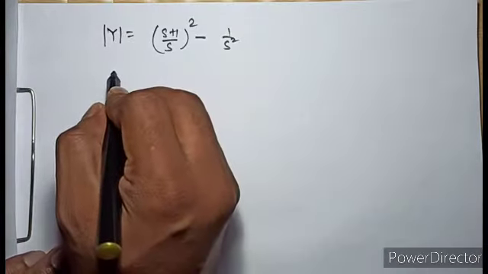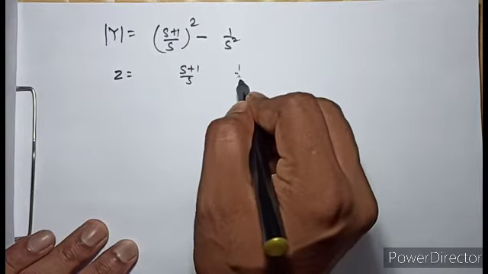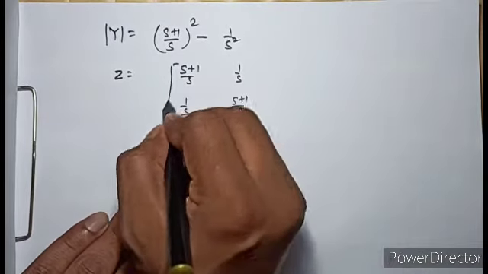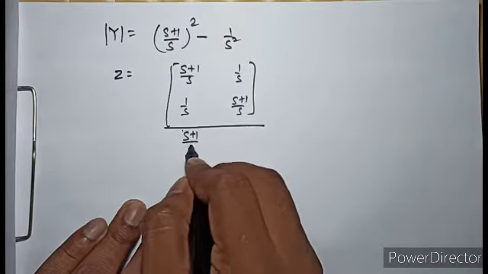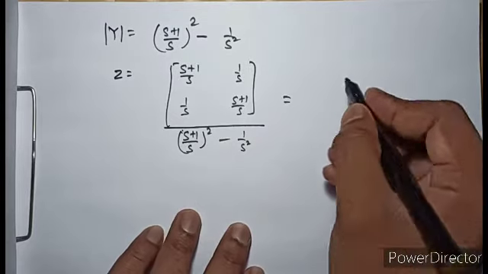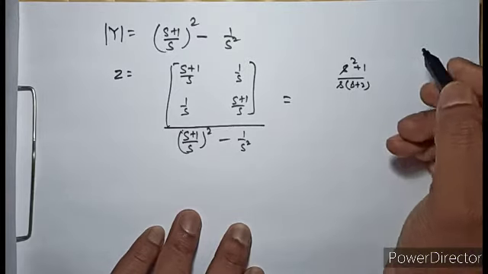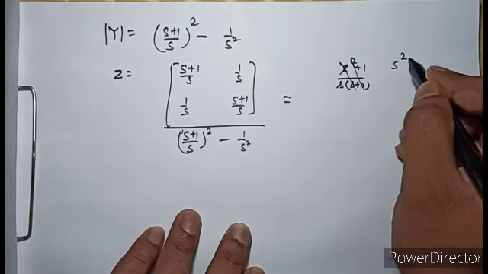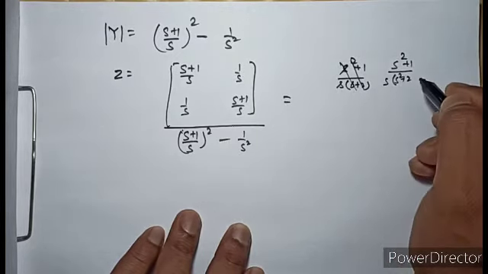This is mod Y. So our Z will be S plus 1 by S, 1 by S, 1 by S, and S plus 1 by S, and this whole divided by S plus 1 by S whole square minus 1 by S square, which comes out as S square plus 1 by S into S square plus 2.